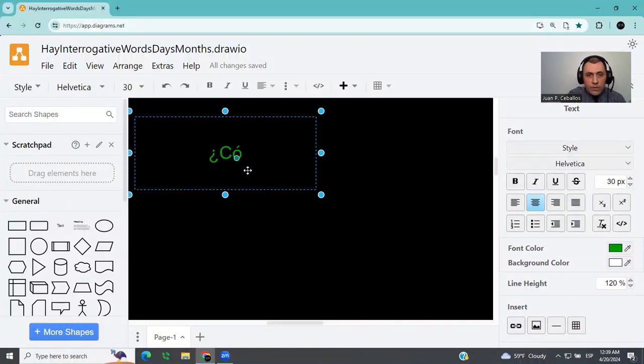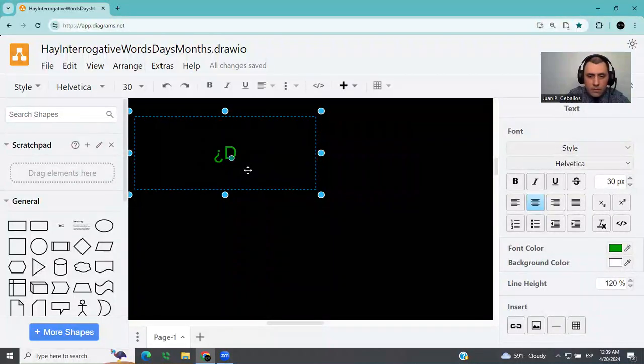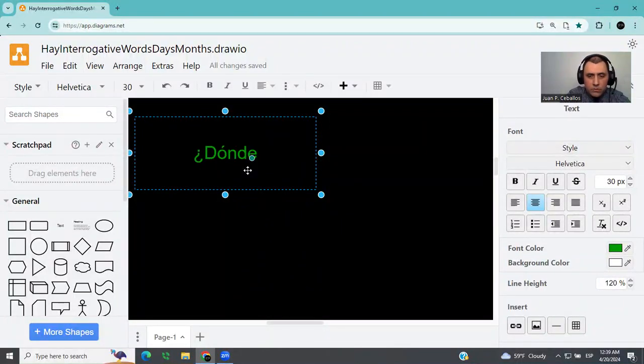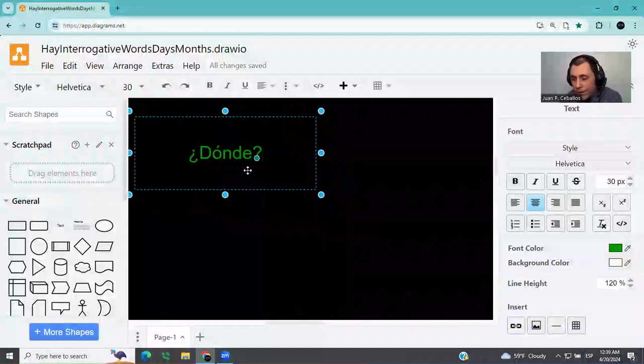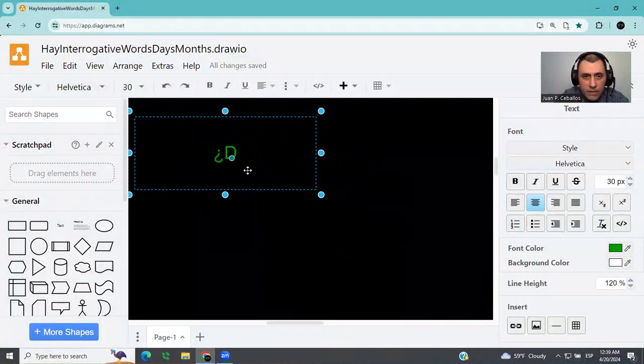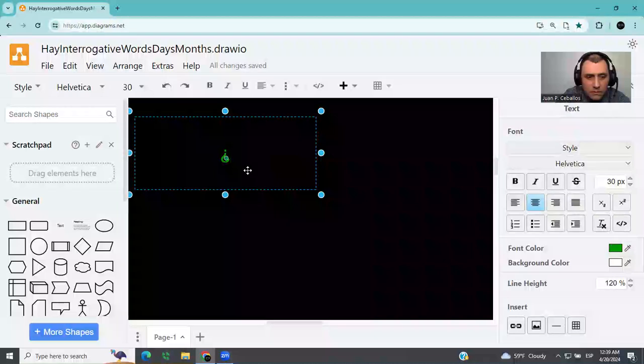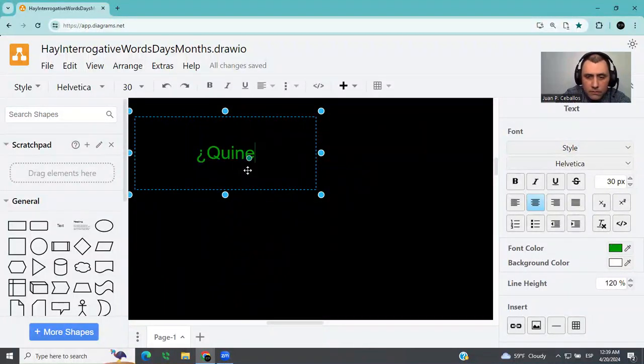The next one will be dónde, which means where. The next one will be quién.